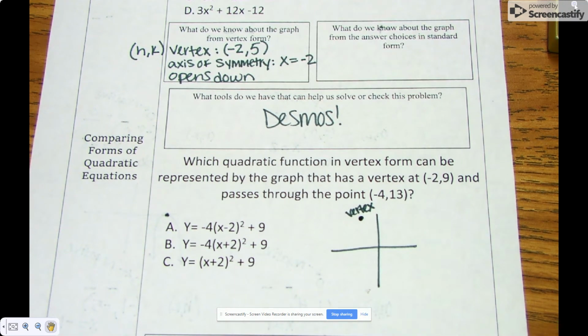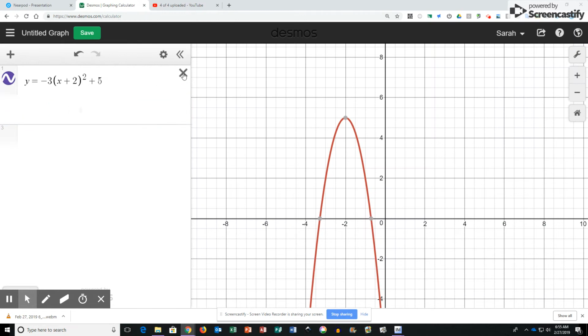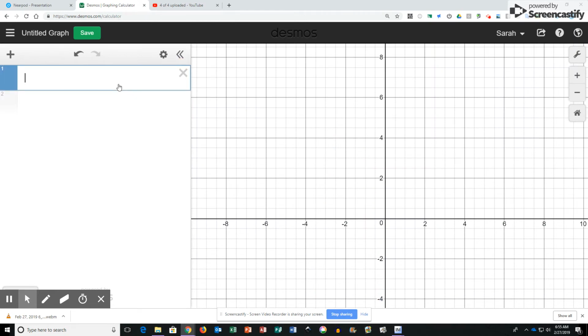So let's go back to Desmos. All right, let's start by typing in our vertex. So I have negative 2, comma 9. Let's label it vertex.